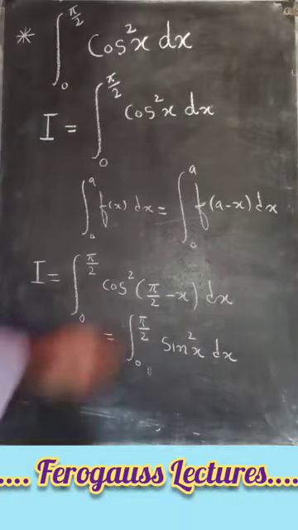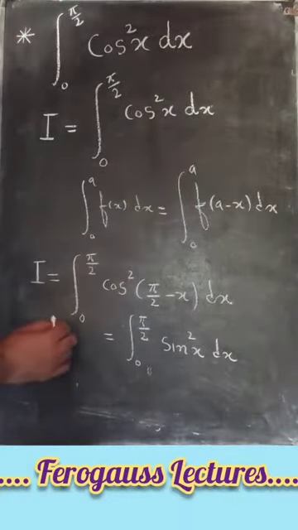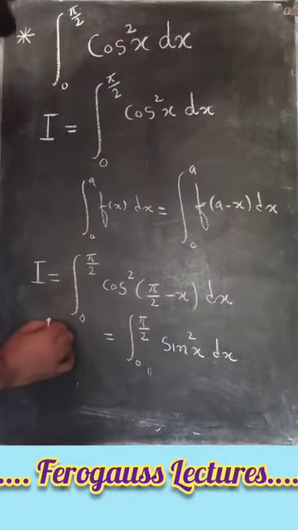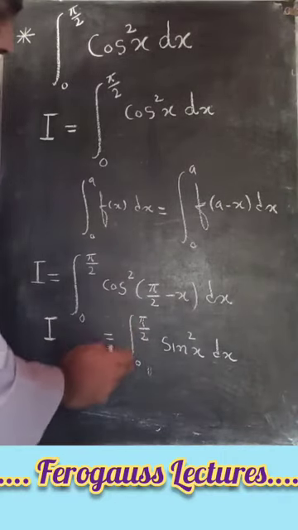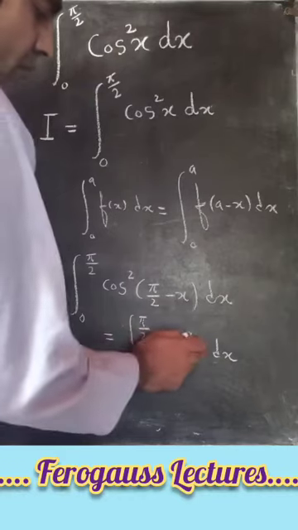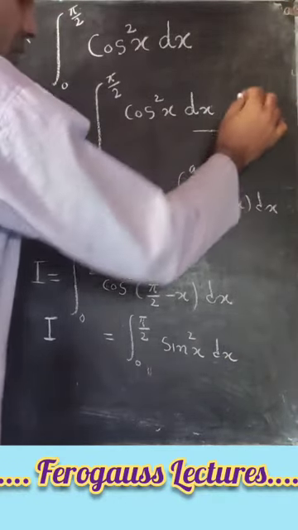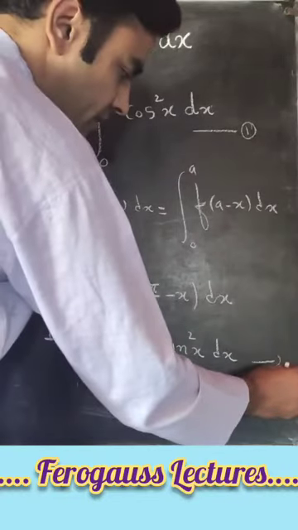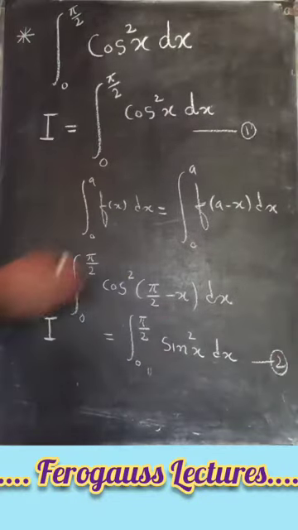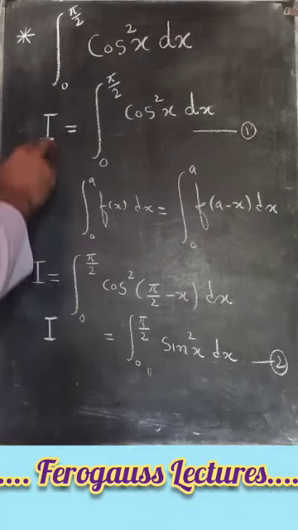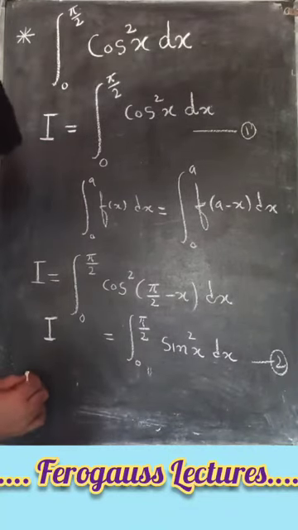So I is equal to integral 0 to pi by 2 sine square x dx. We name this as equation first and this as equation second. Now adding equation first and second, we get I plus I is equal to 2I.